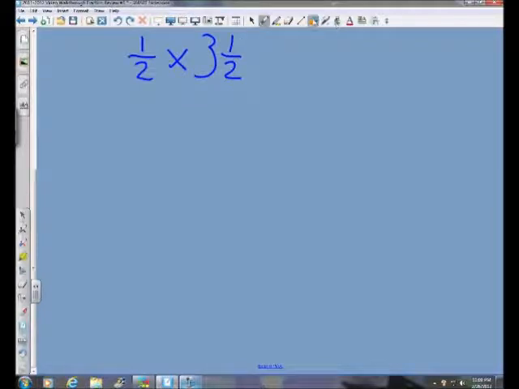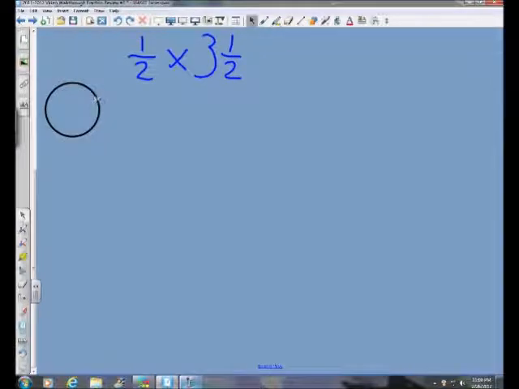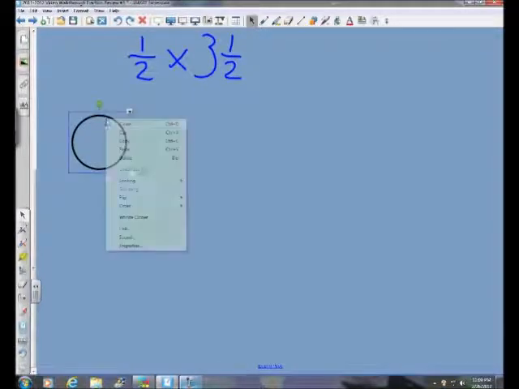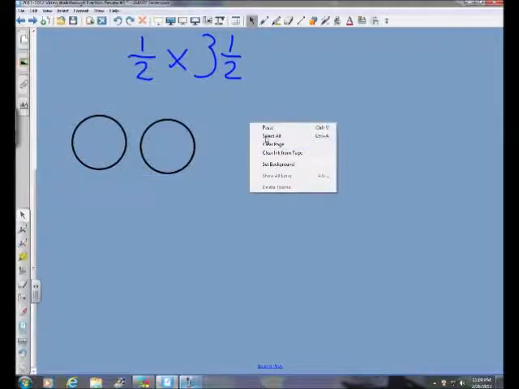And usually pies kind of look like circles, so we'll use circles. There's one. We move it around a little bit. I'm going to work on making 3.5 pies.